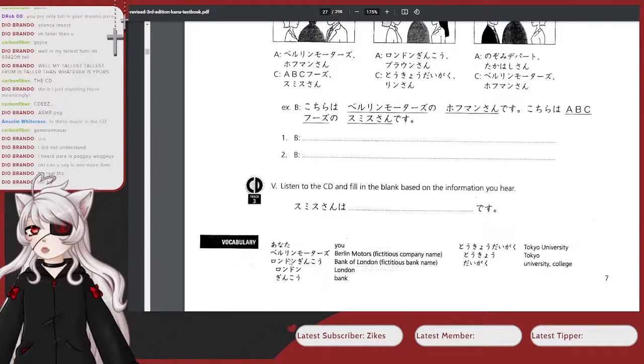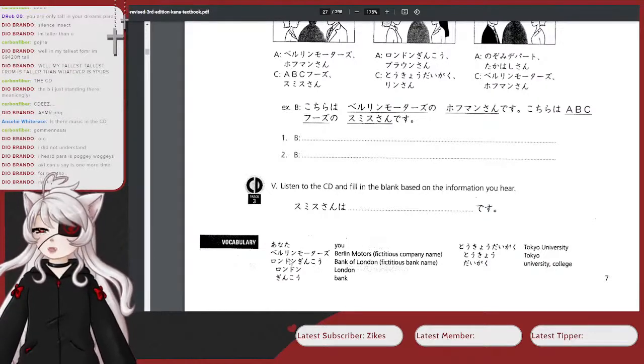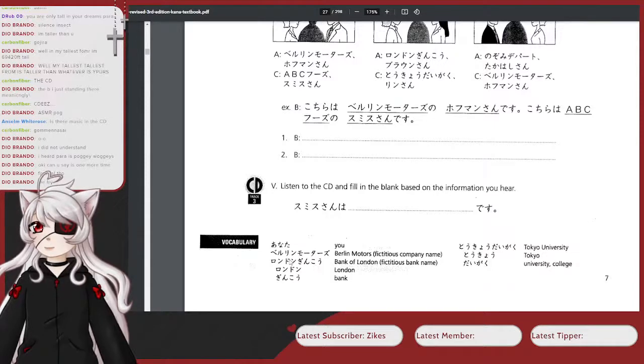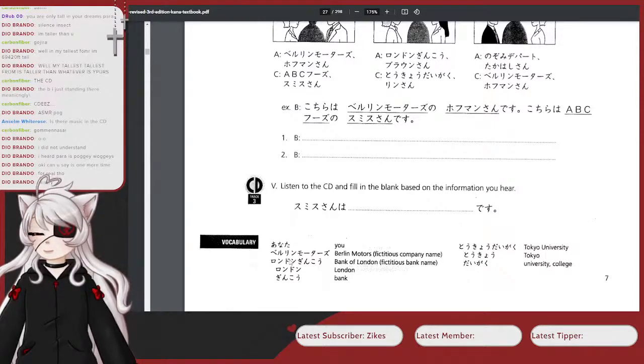I'll accept Romaji, hiragana, or English translation. Preferably English translation, because we have heard the term a few times today.